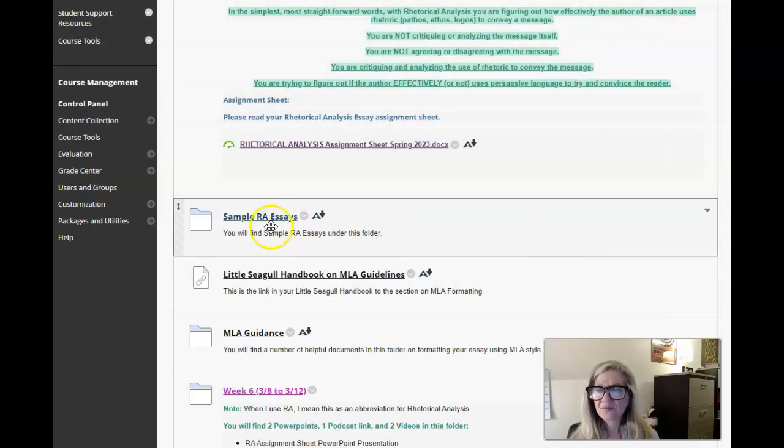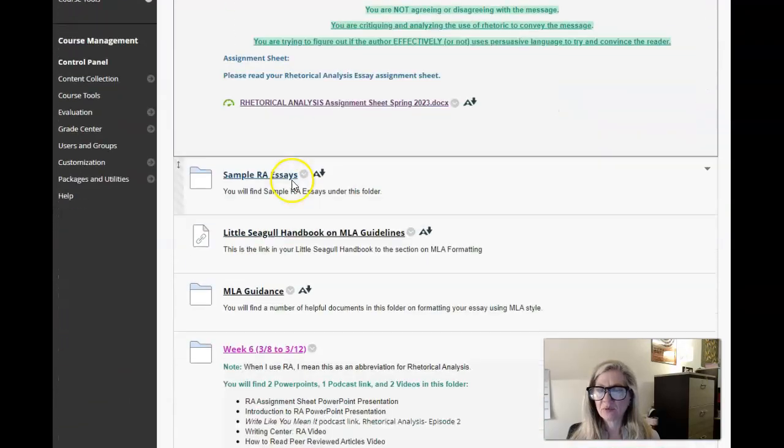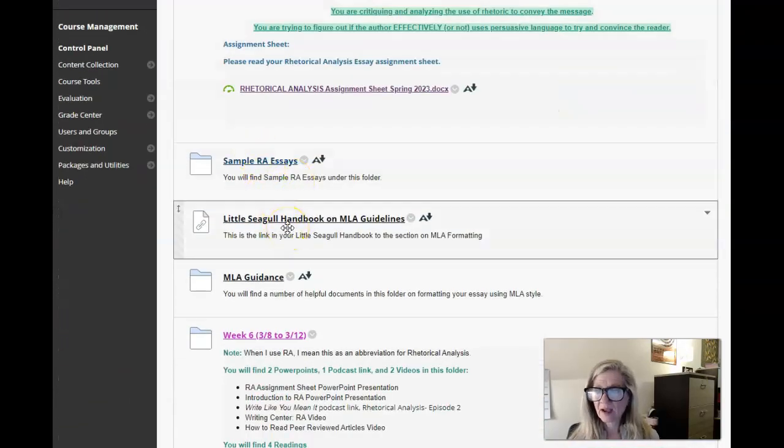All right, let me go through a couple of other things. So now I have sample rhetorical analysis essays from my former students. I always put a folder of samples. It's right below this main block that you're going to open up. You'll get your sample essays. I have a link to Little Seagull Handbook's MLA guidelines, because remember, we're writing this in MLA, so not APA for this one assignment.